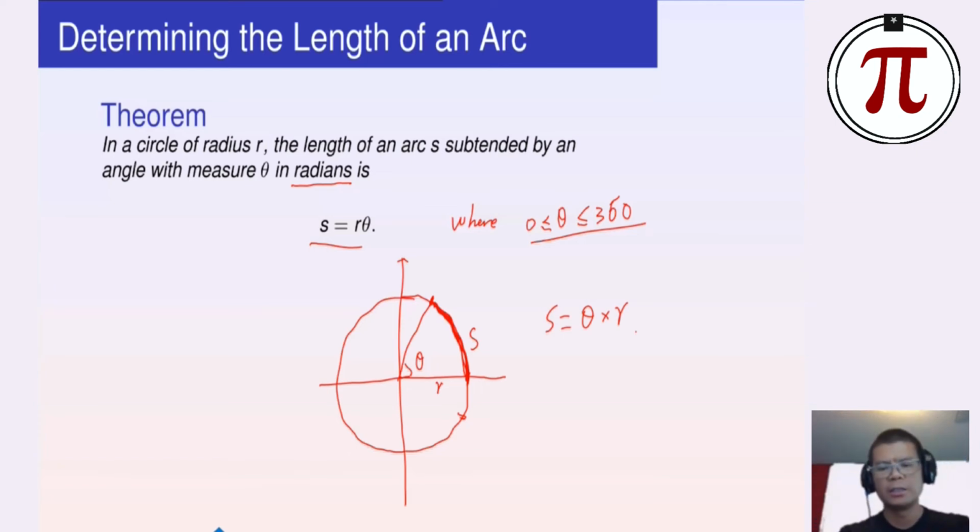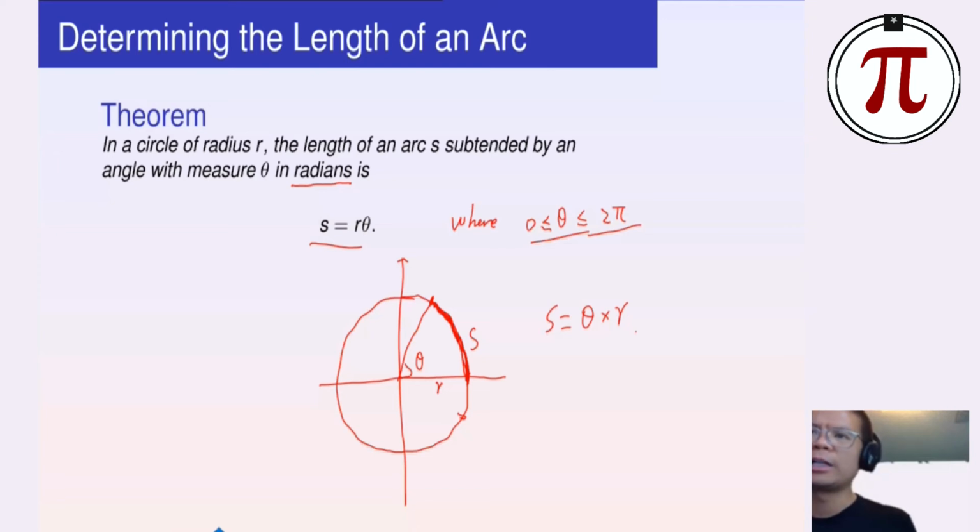Usually we're talking about theta between 0 and 2 pi, measured in radians. In some textbooks, they may define a so-called negative arc length, but in a majority of cases, the arc length is positive.